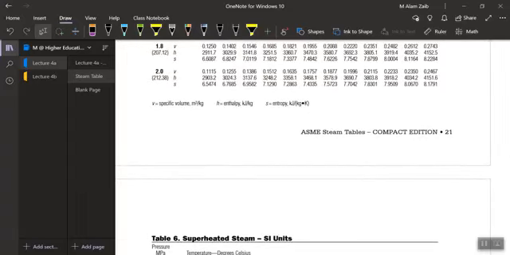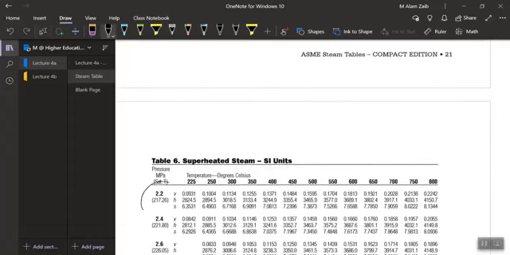We have got a table of 2.0 megapascal and a table of 2.2 megapascal, but we do not have a table of 2.1 megapascal. That means we do not have a pressure corresponding to 2.1 megapascal.